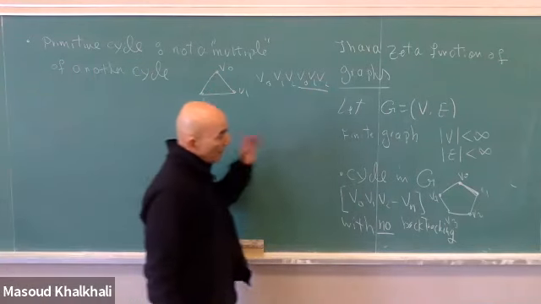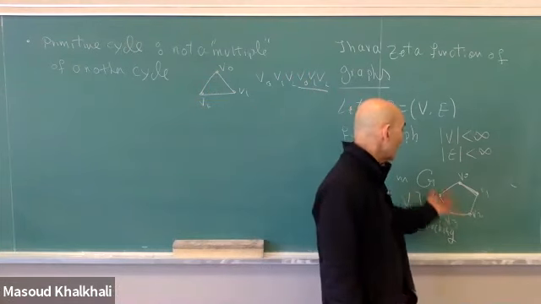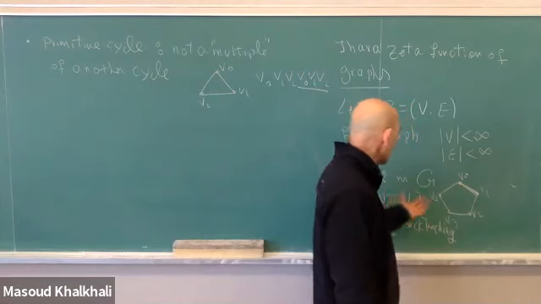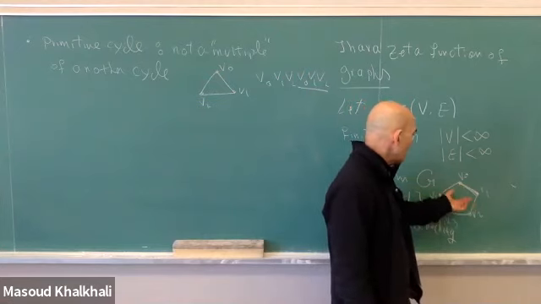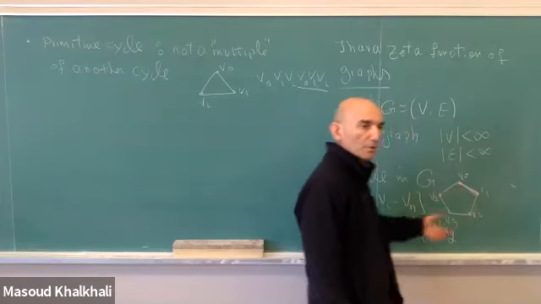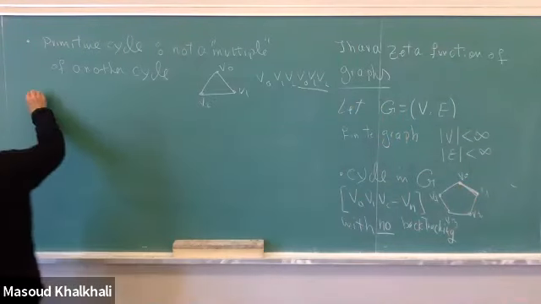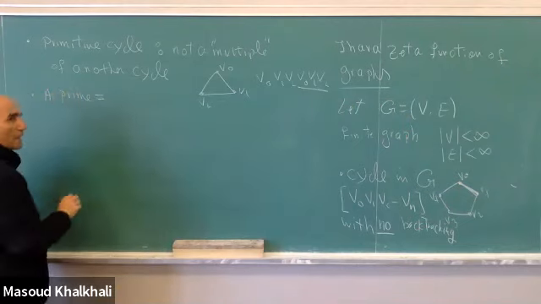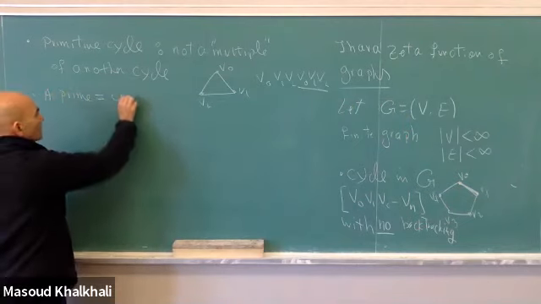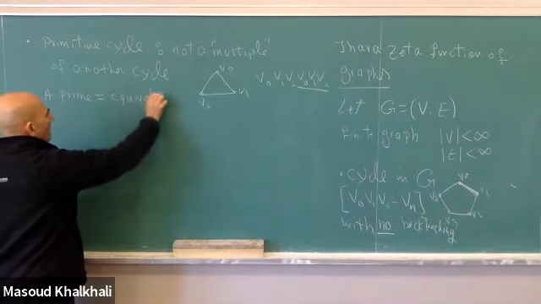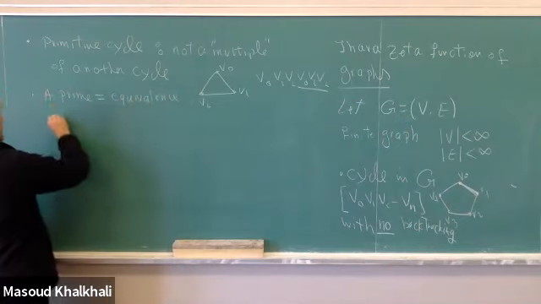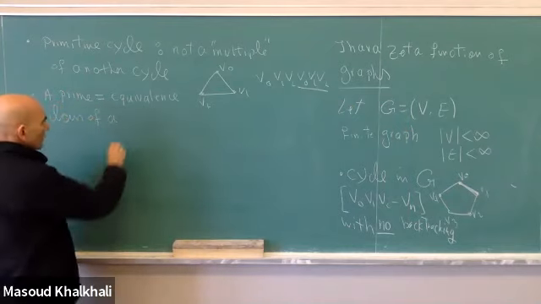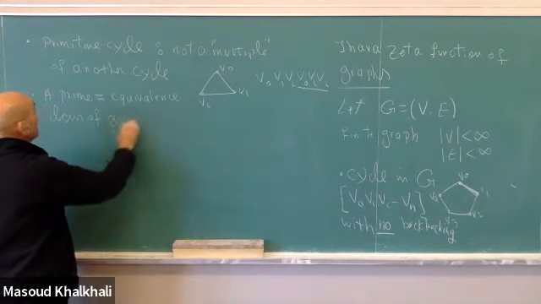So geometrically, that's it. But if you want to be very formal, you can say that a prime is an equivalence class of primitive cycles. So what is a prime? It's an equivalence class of a primitive cycle.